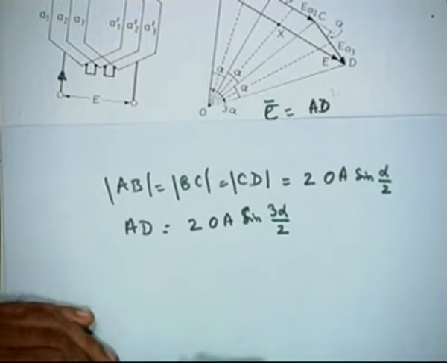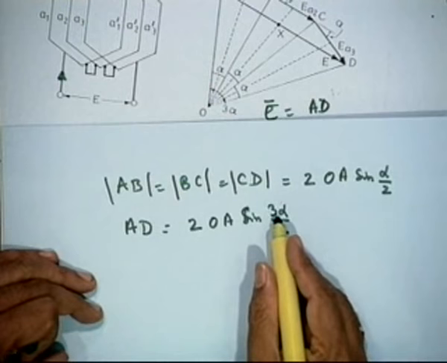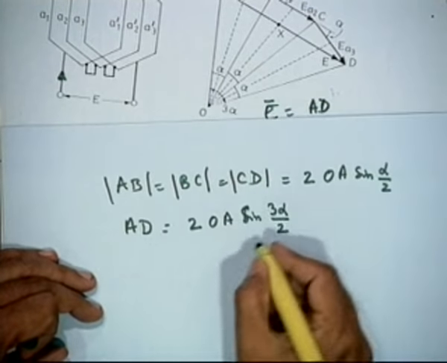Now, why we get 3: it is the number of slots per pole per phase.